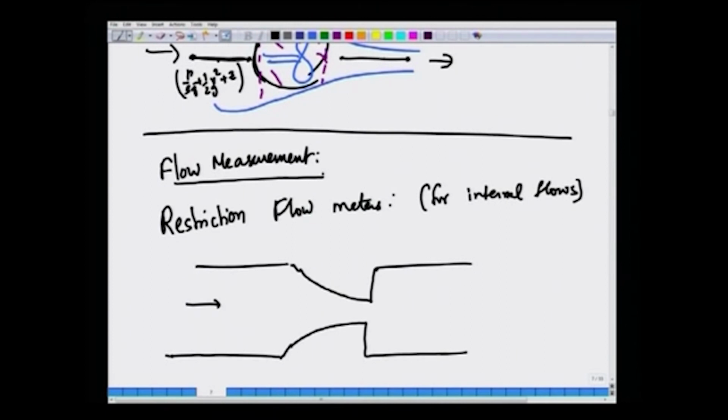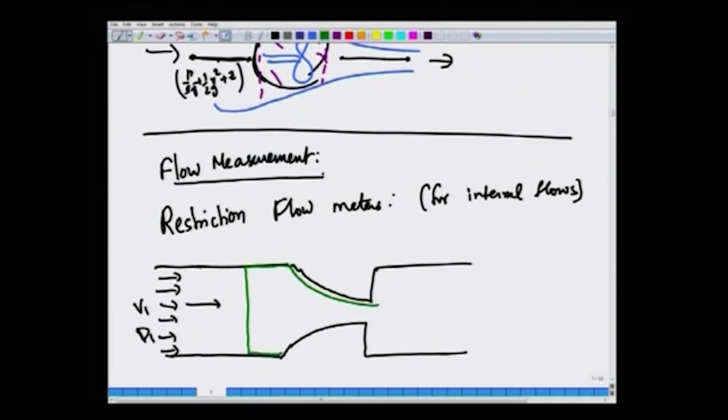Now far away the fluid is flowing with some average velocity V1, and the diameter of this tube is D1. Now we want to know what is the velocity, given that we know the diameter. In order to do this, we have to draw a CV. The CV is the green line that I am going to draw.